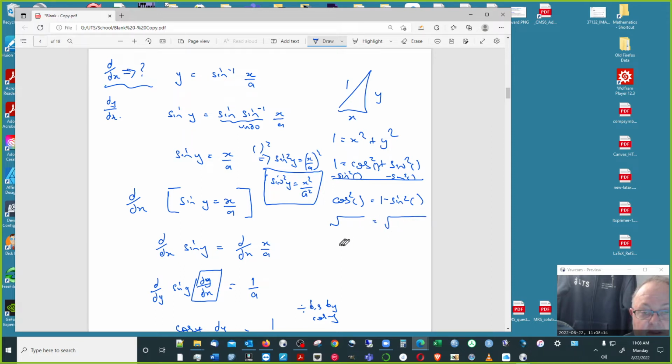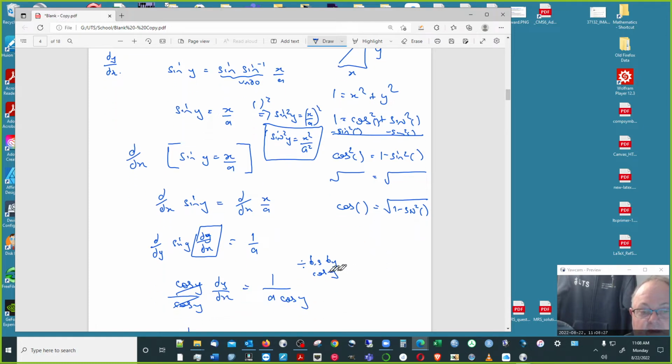And so what we'll get, and we're only going to take the positive, is cos something there is equal to the square root of 1 minus sine squared something there. And of course the thing we're after is y, so it would seem reasonable to put y back in here now. And not only that, we have a substitution for this. So cos y is going to go one more step, and we're going to get the square root of 1 minus x squared on a squared. Now we're cooking.